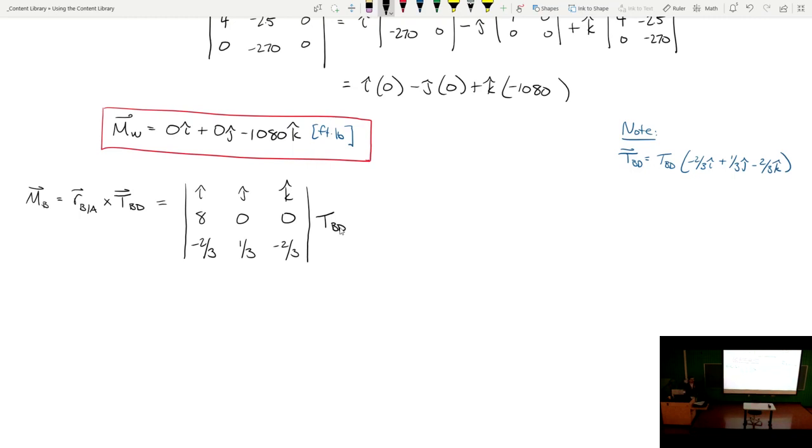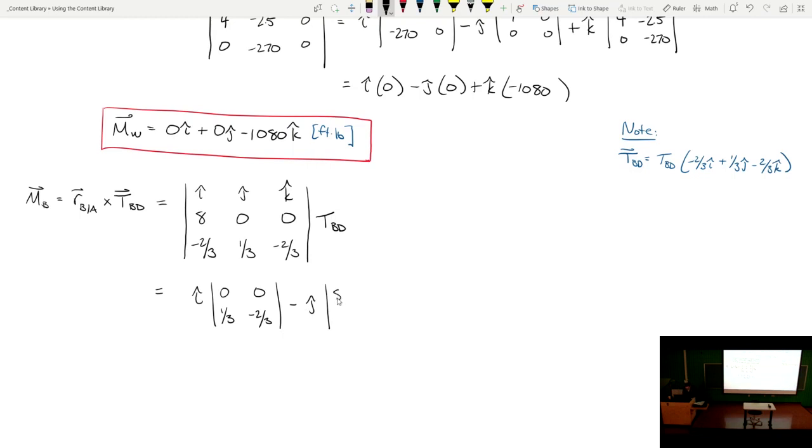So the way this is going to work, watch this. We're going to do i times that determinant, so 0, 0, 1/3, minus 2/3, minus j, and then that determinant, right?